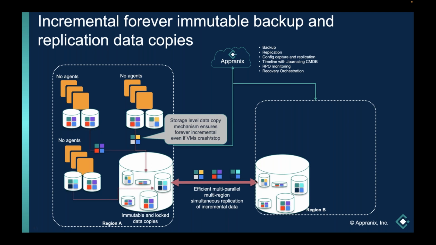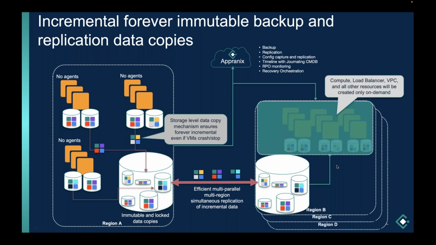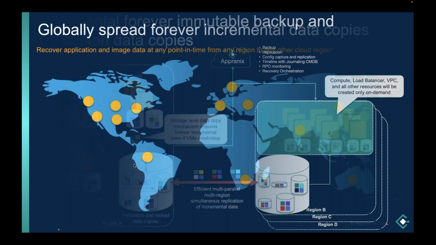So incremental snapshots are kept in the right places so that when required, you can bring back all of the resources on demand completely so that you can test your recoveries. In the worst case scenario, from a ransomware attack, you can recover away from the red zone, right? So all the data copies are crucial and managed within your own accounts.